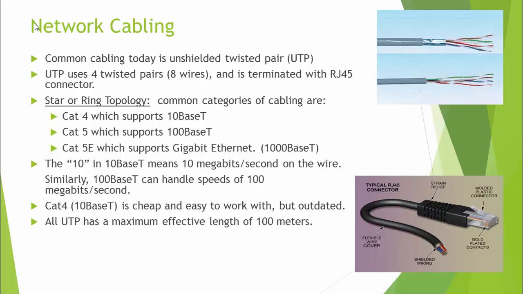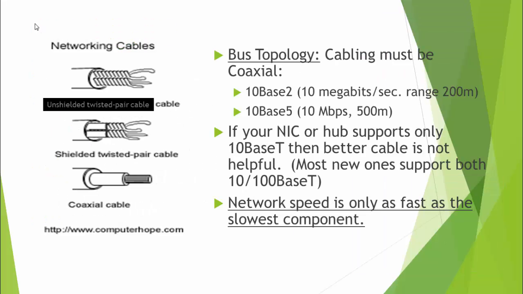Now, in terms of range, all UTP is considered to have an effective length of about 100 meters. Longer than that, and you start to see tremendous loss of signal. Now, you can also run networks with coaxial cable. Bus topology requires this. It's pretty rare these days to see this other than for your television signal.